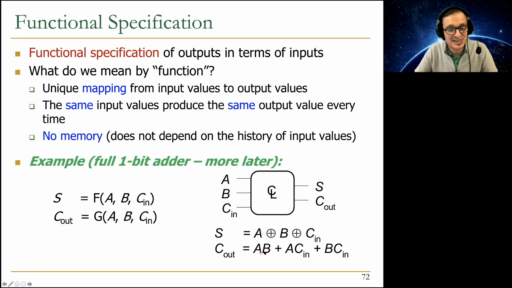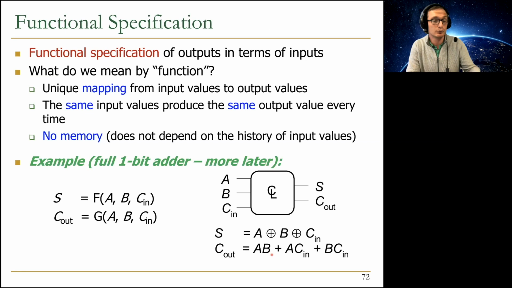And carry out is essentially a majority function of A, B, and C, meaning at least 2 of A, B, or C needs to be true so that you get a carry out. Whereas in the sum, you need to have an odd number of ones in A, B, C. That's why it's XOR. Okay, if you didn't understand it, that's okay. Later, we're going to build a truth table of this. And then from the truth table, we're going to derive these. But this is the functional specification for an adder, for example. A 1-bit adder, full 1-bit adder.